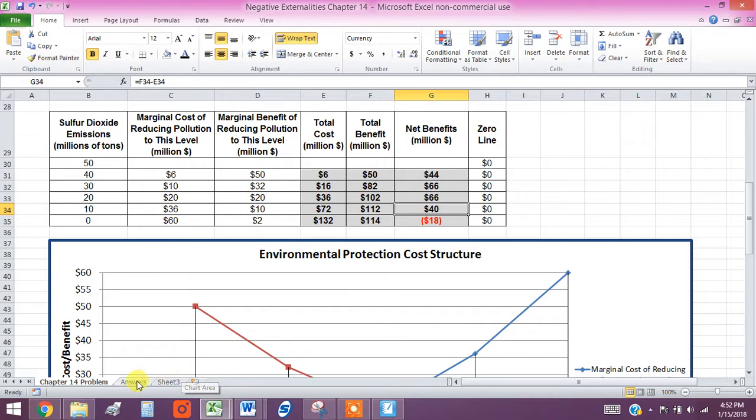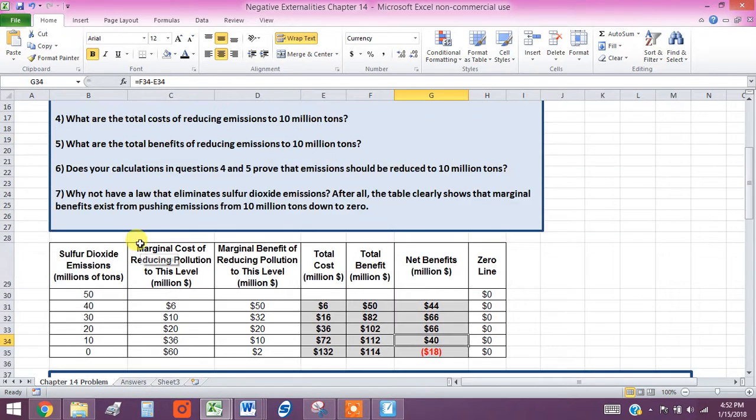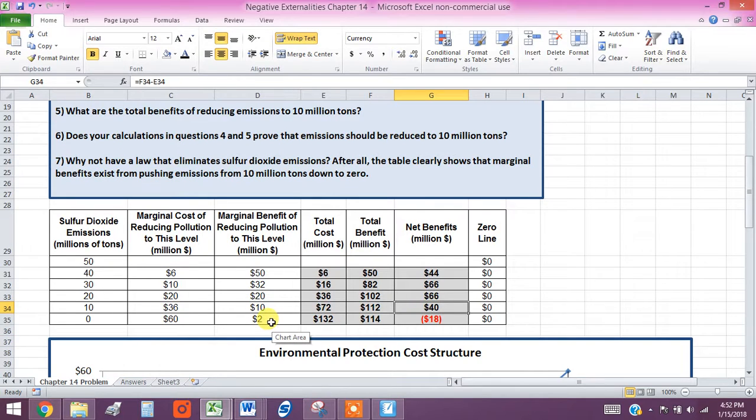Okay. Last one. The question is, why not have a law that eliminates sulfur dioxide emissions altogether? After all, this table clearly shows that there are benefits to be gained all the way down to zero.